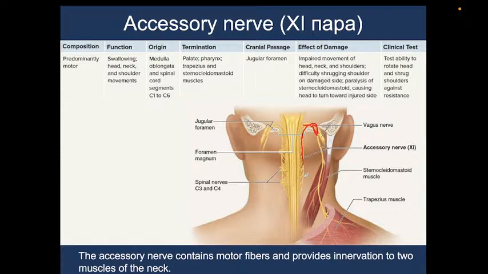The spinal root enters the cranium through the foramen magnum. Once within the skull, the spinal root unites with the motor fibers of the cranial root. The cranial root originates at the nucleus in the medulla oblongata and leaves the cranium through the jugular foramen.